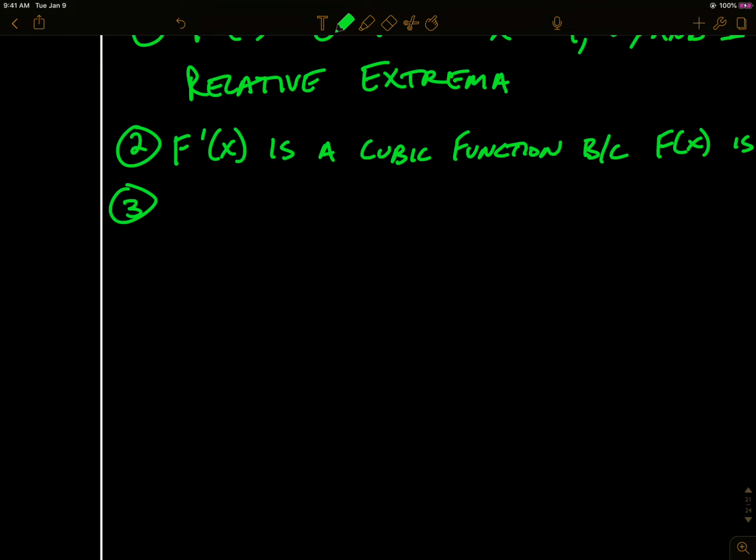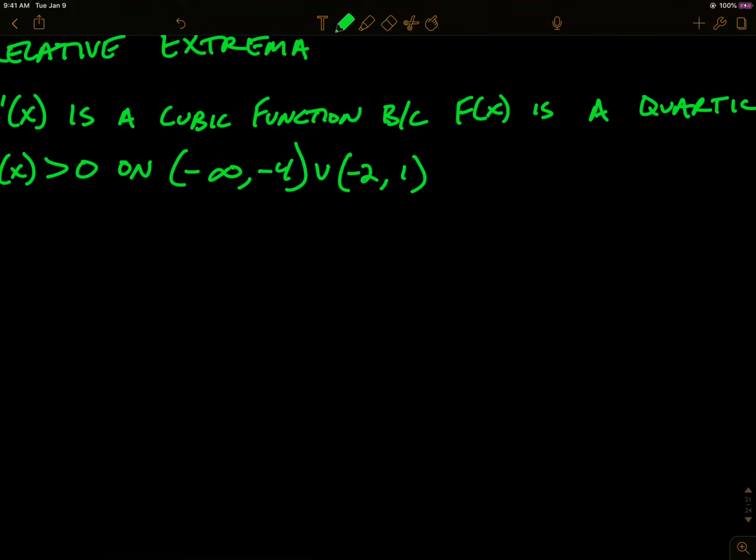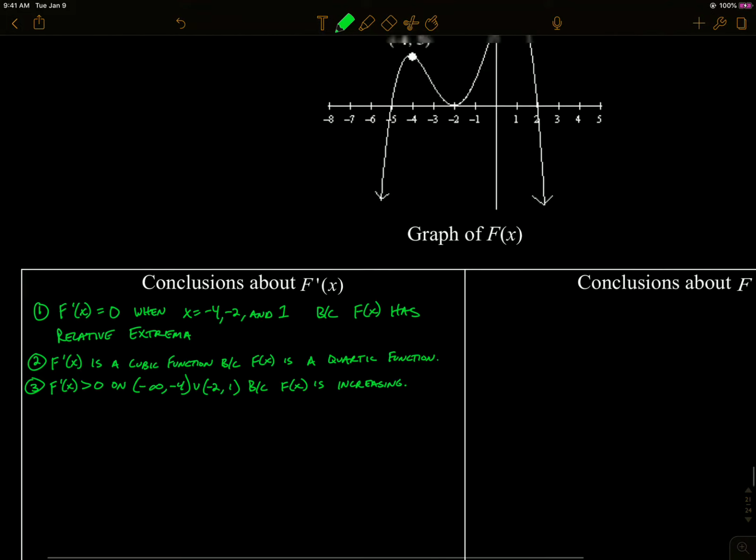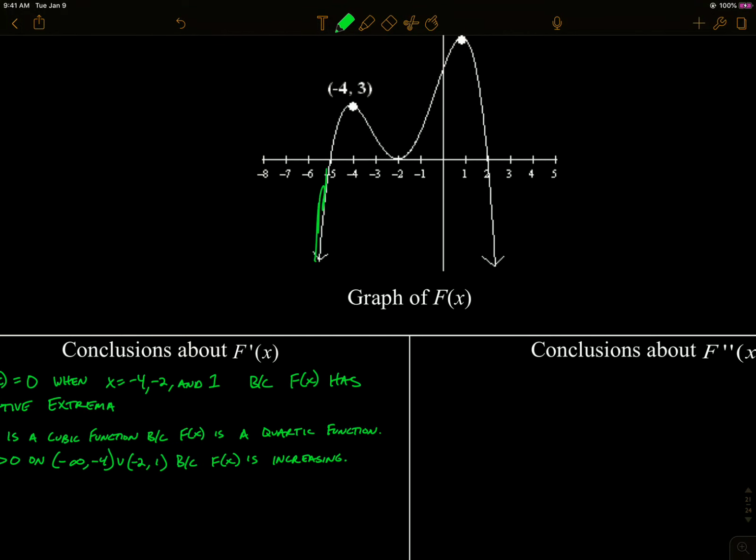The third thing we want to say is the derivative of f is positive on the interval -infinity to -4, and also again on -2 to 1, because f of x is increasing. Those are the intervals from here to here, and again from here to here.